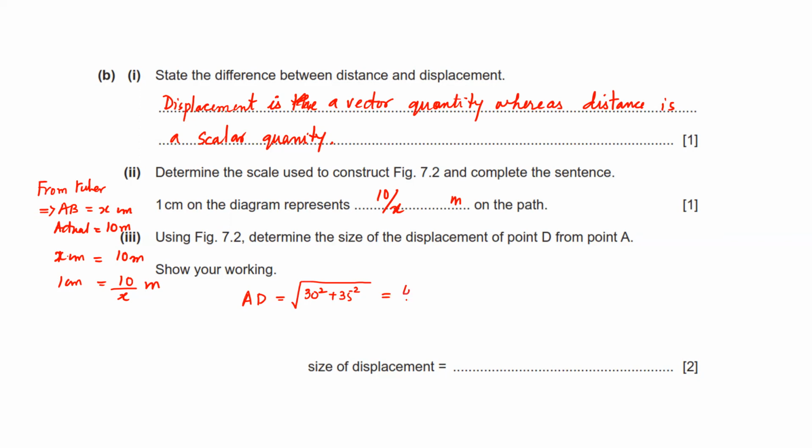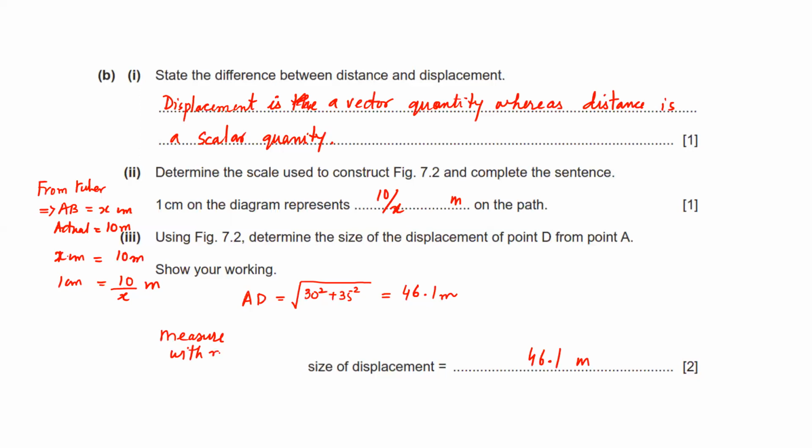This comes out to be 46.1 meters. The size of displacement from A to B. So if you are going to use this, it will be 46.1 meters. Or you can use a ruler to measure it.